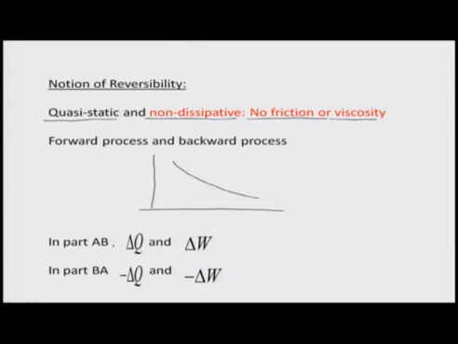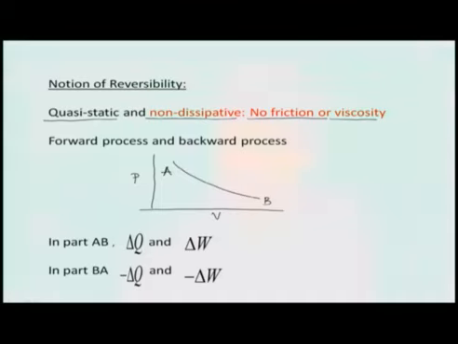Once again, I draw a PV diagram. I do not care whether it is an isotherm or whether it is adiabatic. I just draw a PV diagram. So, this is my volume and this is my PV diagram. I am going from, let us say, A to B. What do A and B imply?